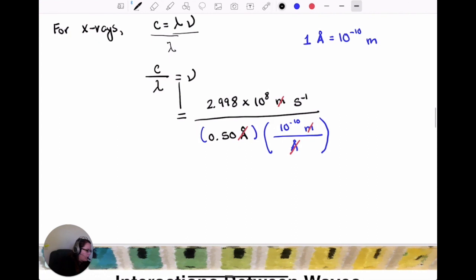Okay, so now we want to go ahead and, yes, this is plug and chug. So I'll plug this in my calculator. 2.998 times 10 to the 8th, and then divided by 0.5 times 10 to the minus 10.